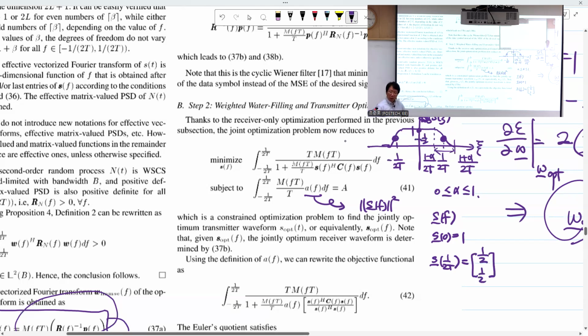Right? What if you have the value between these two? S of 1 over 2t plus some delta. Then you have 1/2 plus, because here it goes up, some beta of alpha, and 1/2 minus some beta of alpha.